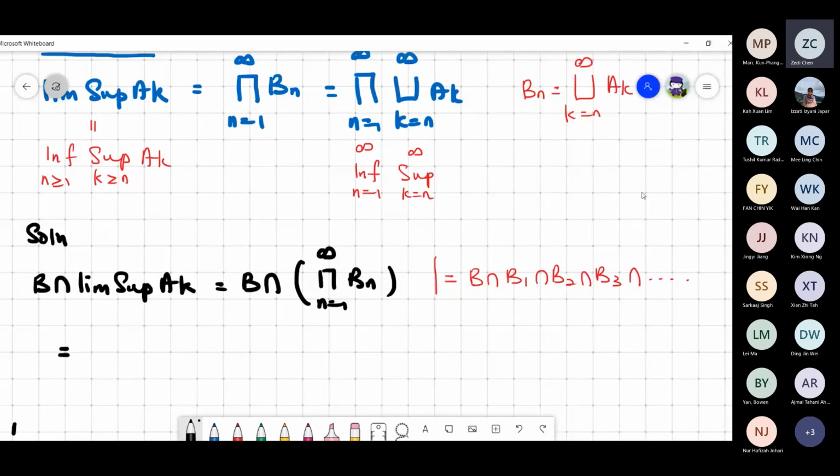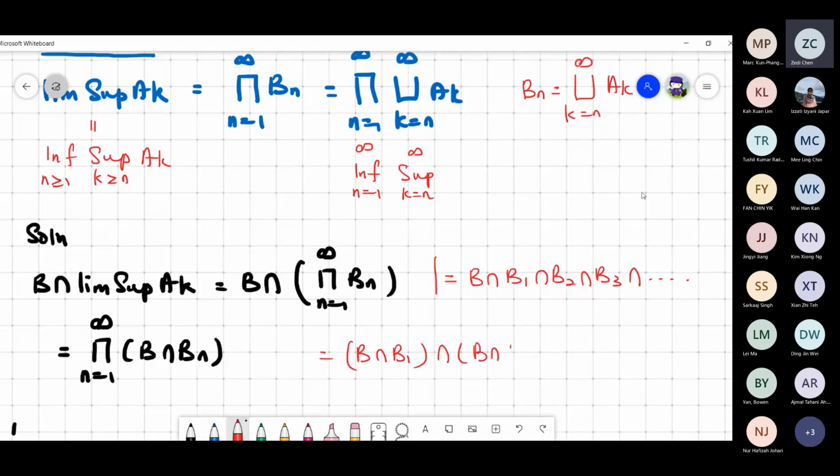And so this one can be written as the intersection of these Bn, which means this can be written as B intersect Bn, B intersect B1, B intersect B2, and B intersect B3, and so on.